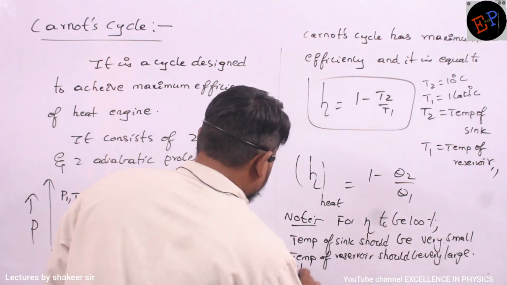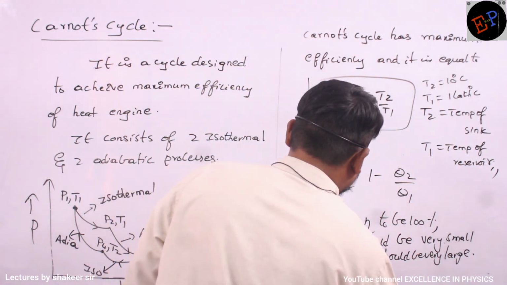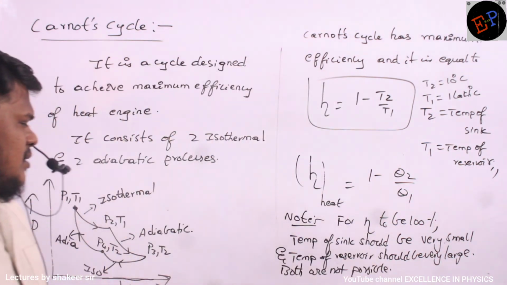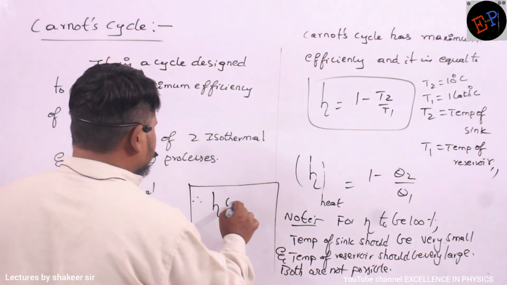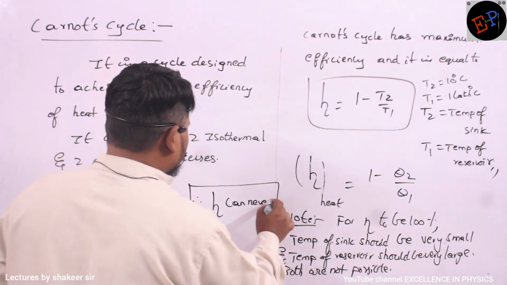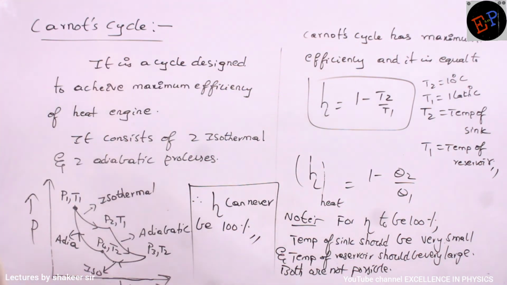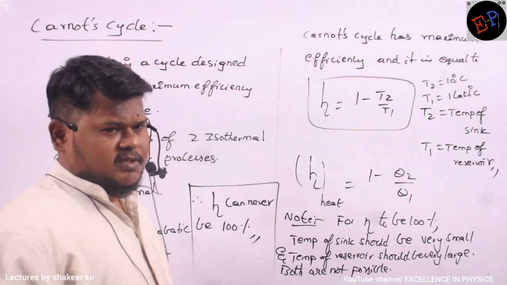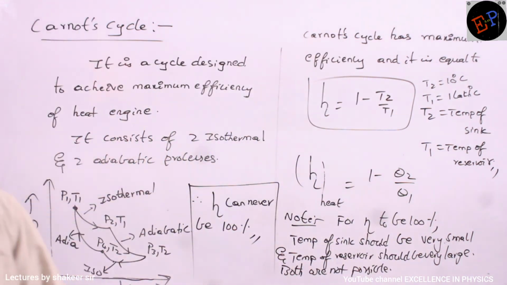Both are not possible. Therefore I say, efficiency can never be 100%. It is not at all possible to construct any heat engine with an efficiency of 100%. Reason we have understood, no?